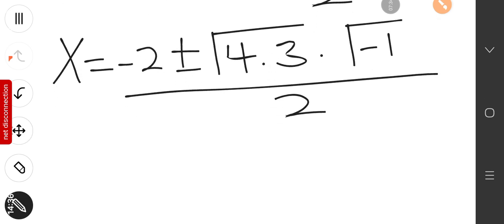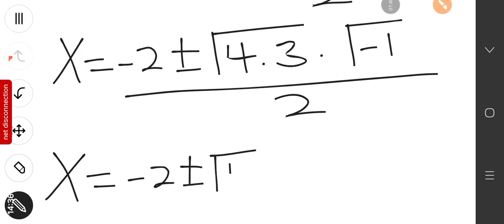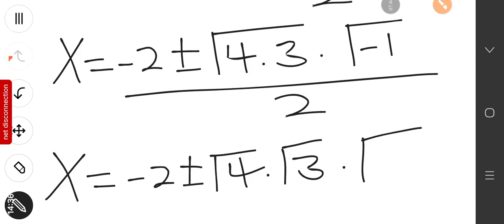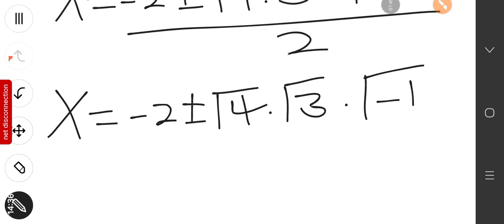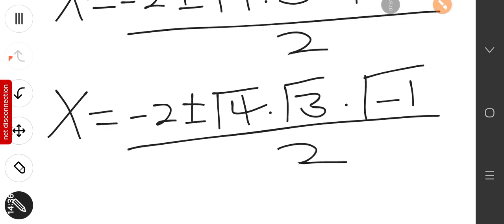Let's proceed. So x equals minus 2 plus or minus root 4 times root 3 times the square root of minus 1, all over 2.